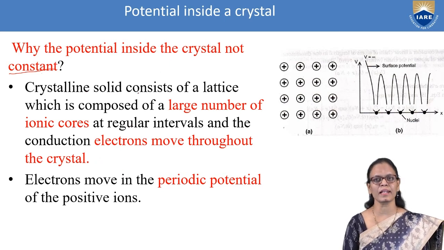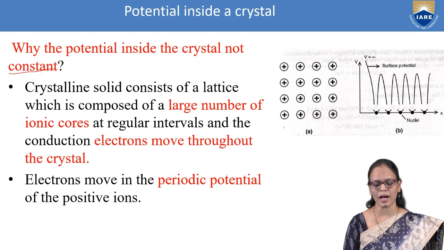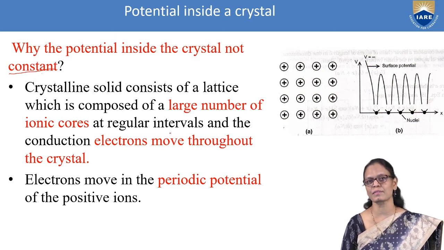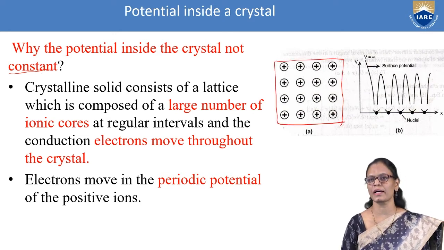Now we see a crystalline solid. Whenever you take a solid, it consists of a lattice composed of a large number of ionic cores at regular intervals, and the conduction electrons move throughout the crystal. Here, this is the crystal lattice.